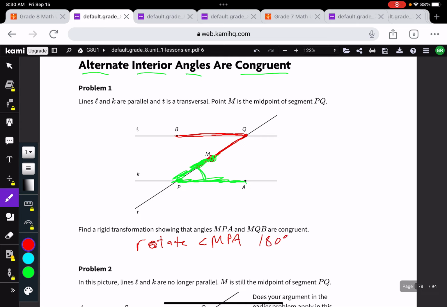Notice I'm not even saying clockwise or counterclockwise, because 180 degrees clockwise or counterclockwise will still put me in the exact same spot. But I do have to say my center of rotation, and hopefully we're saying point M.